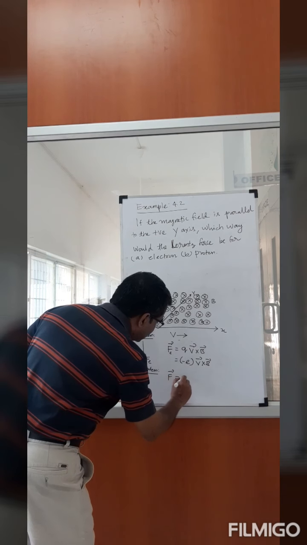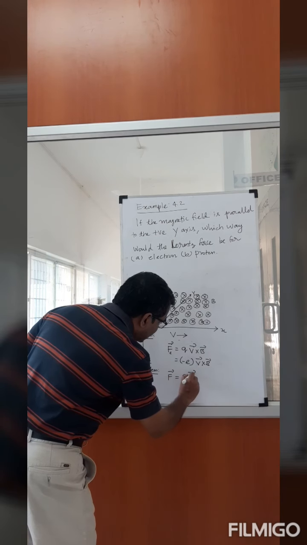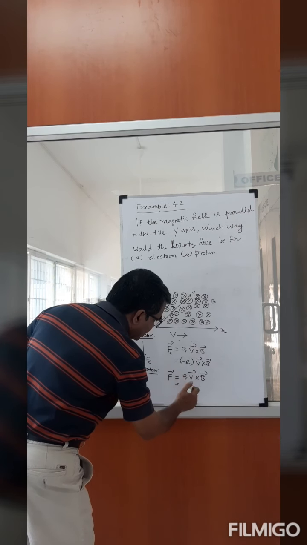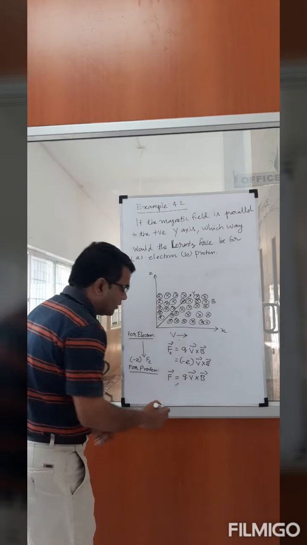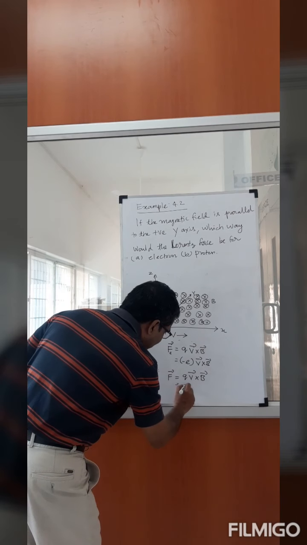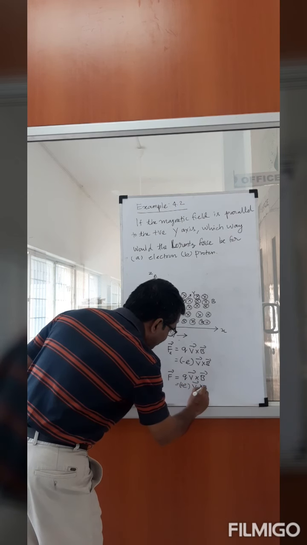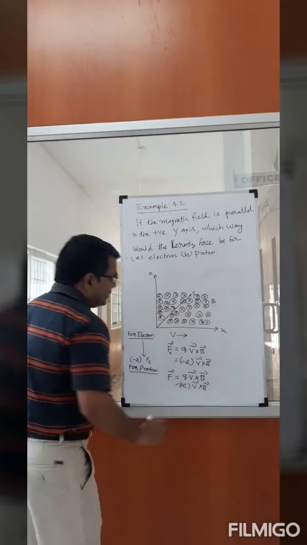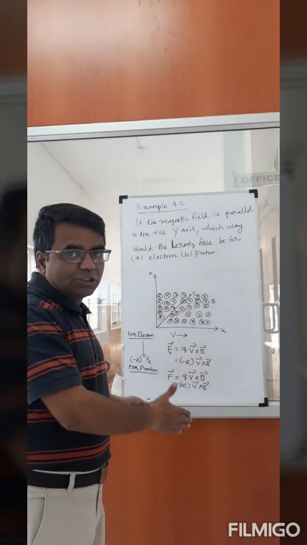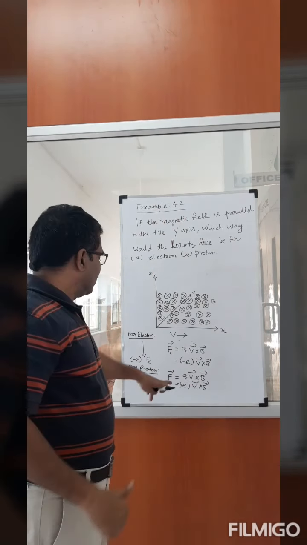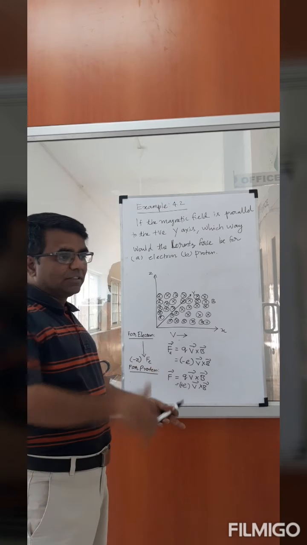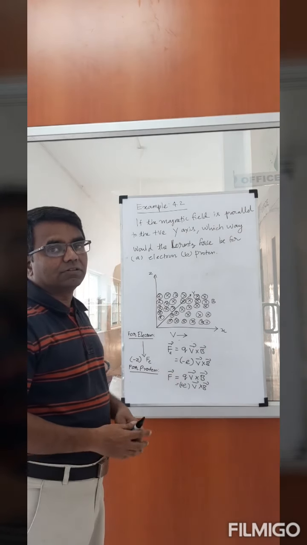F again is equal to Q times V cross B. So Q for proton is simply E, or positive E, and this will be V cross B. So V cross B, as we just saw, is upwards, and this is positive, so there is no change in the direction.